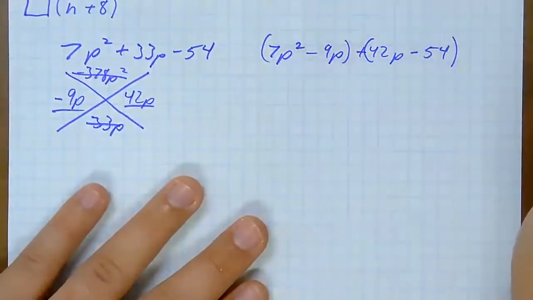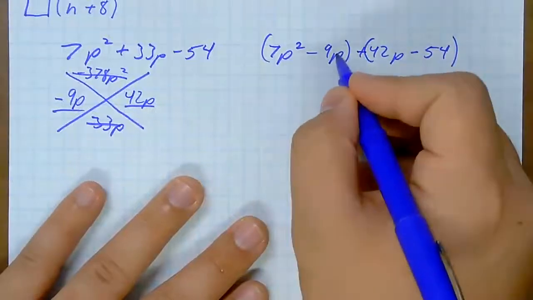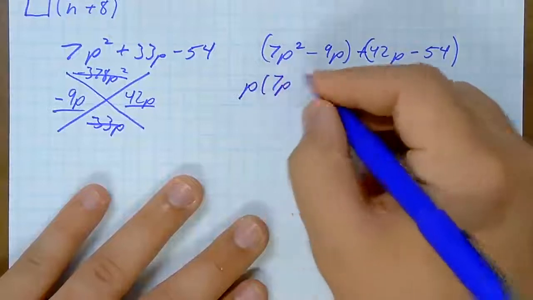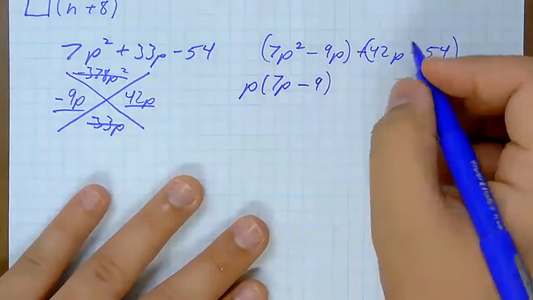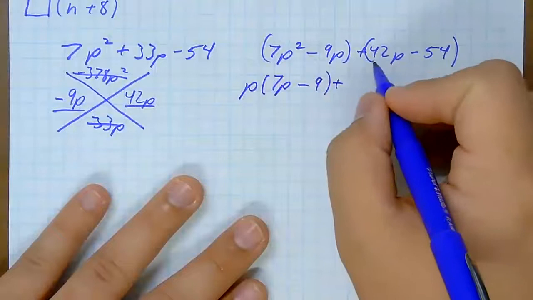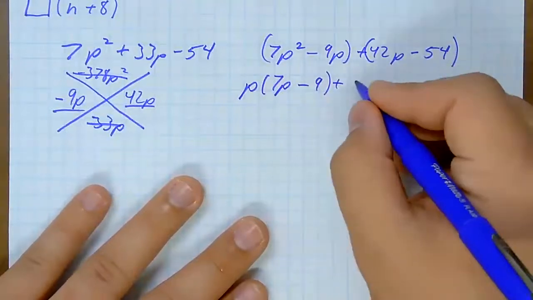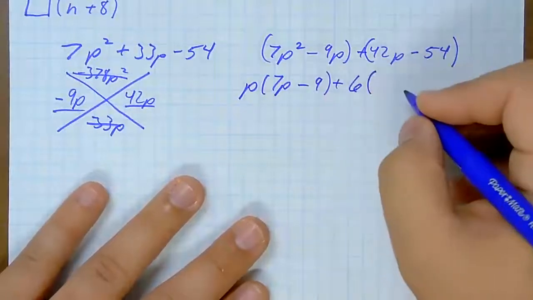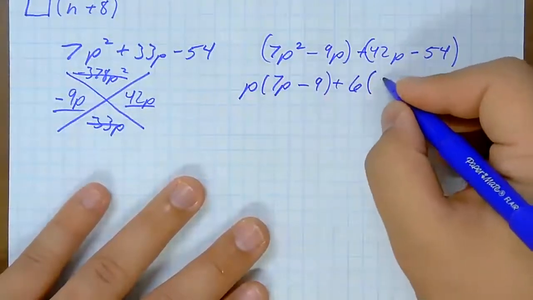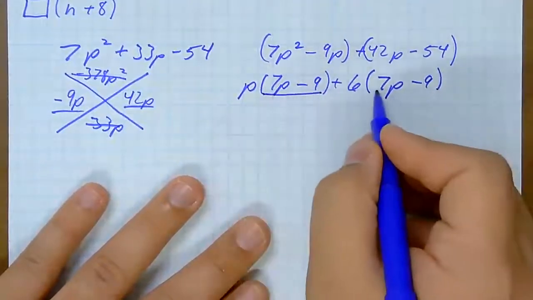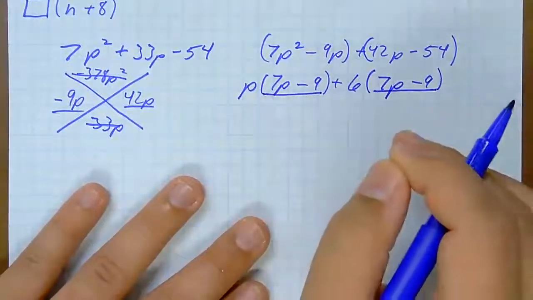Now let's find the GCF of each group. GCF of 7p squared minus 9p is just p. So it's p times 7p minus 9, plus the GCF of 42 and 54, which is 6. And so we are left with 7p minus 9. Notice what's left in the parentheses match.